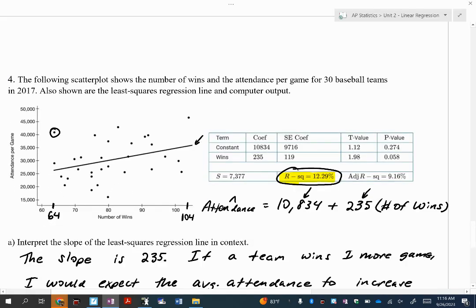And so my thought is if I take that out, it's probably going to make my line maybe just a little bit steeper. Maybe that's a little too much, but it does look like the direction would be slightly more positive. And so my slope would have to increase because the line is a little bit steeper.